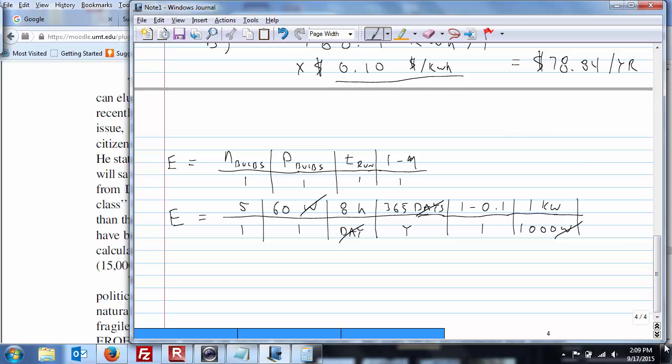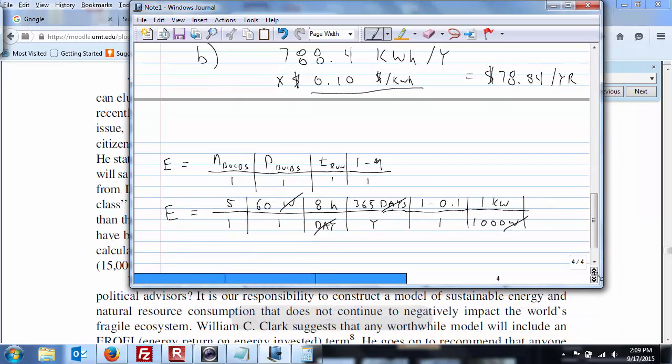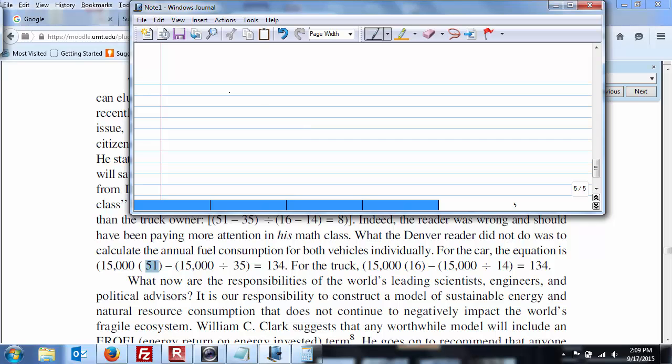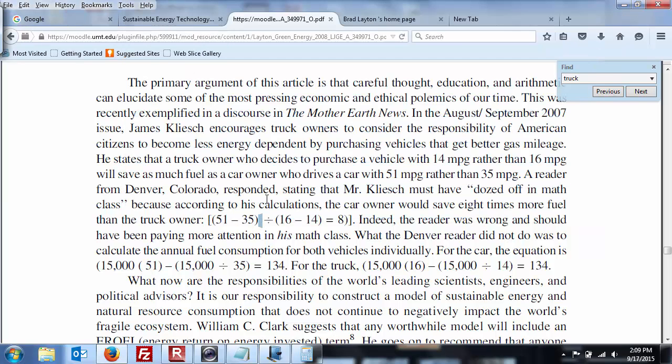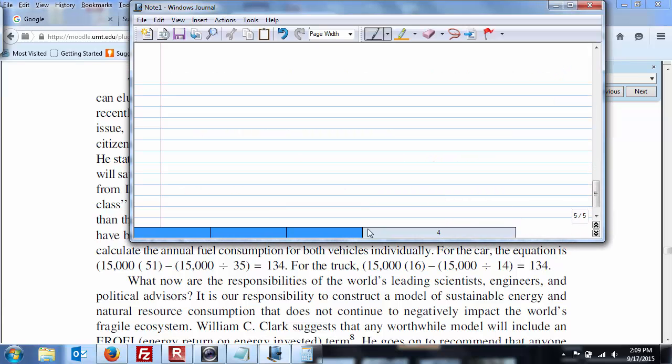Let's see if I can get both these things on the screen at the same time. Okay, so basically what we're looking at is car 51, car 35, truck 16, and truck 14.